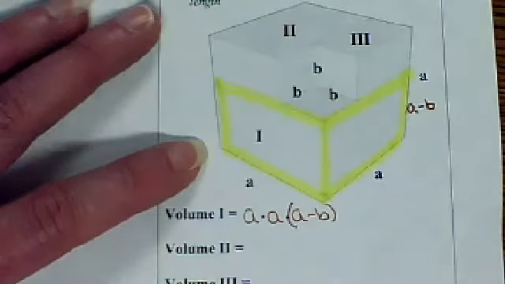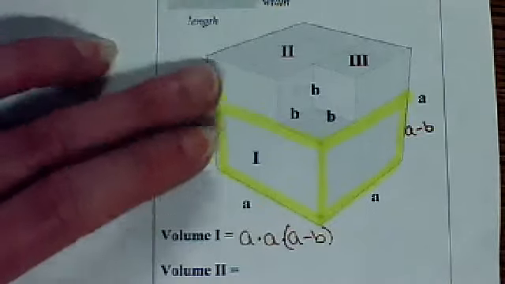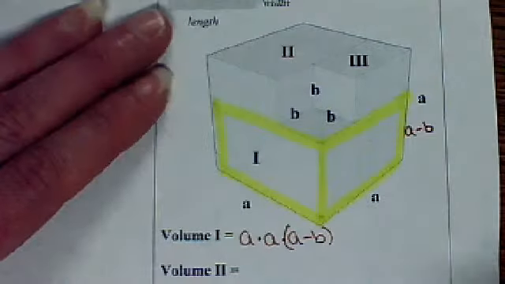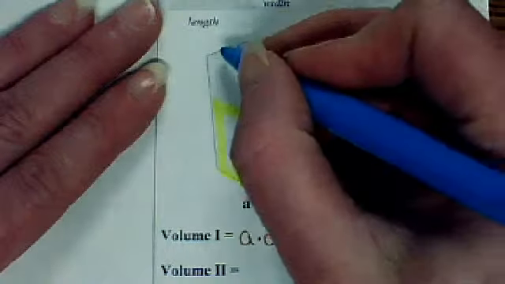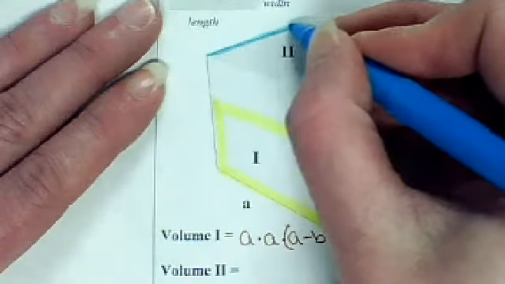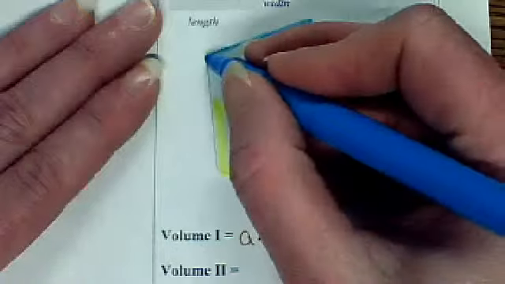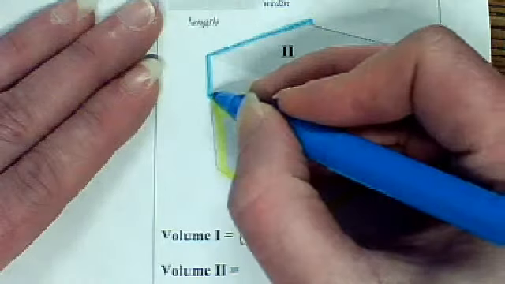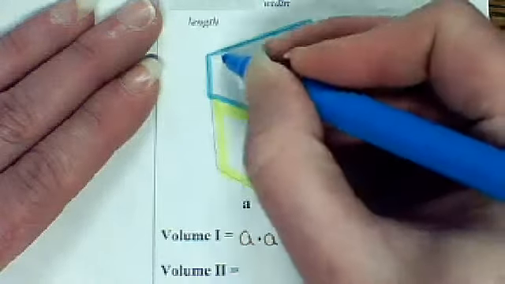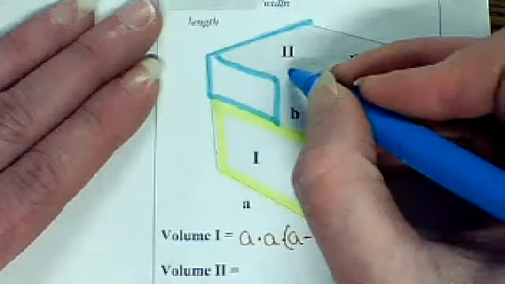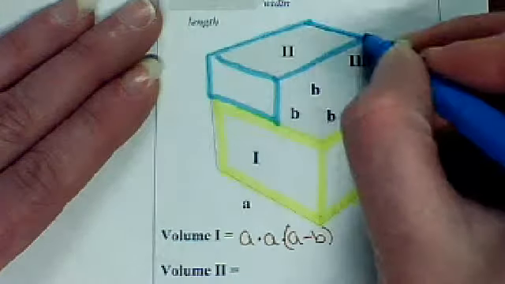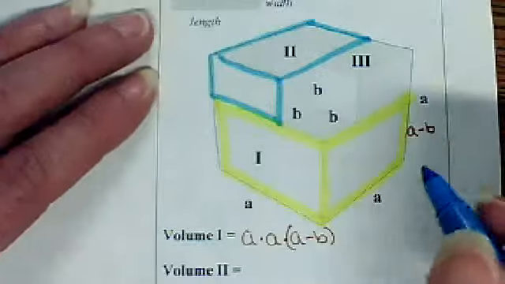For volume 2, this back figure here, this one goes all the way across in the back, comes across this way, but not all the way, and so we have something that looks kind of like this.